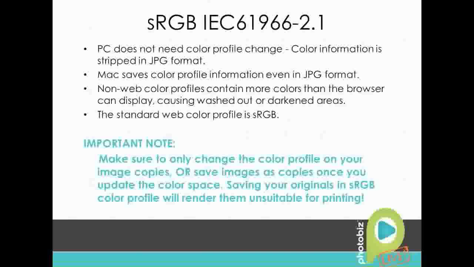If you save your originals in the sRGB color profile, it will render them unsuitable for printing because there are fewer colors than in Adobe RGB or CMYK. So be very conscious of that when converting images to the sRGB color space. Make sure that you make copies and then work on your copies, and then you'll be fine and you won't have any problems with your originals.